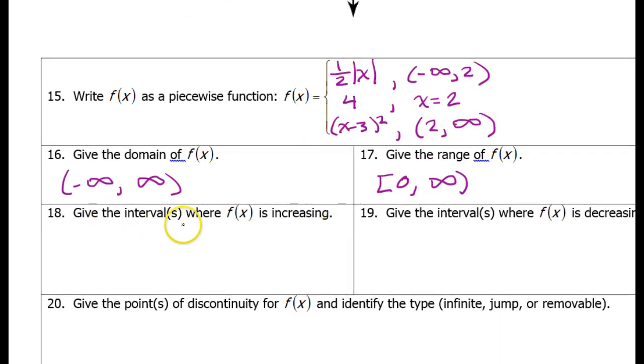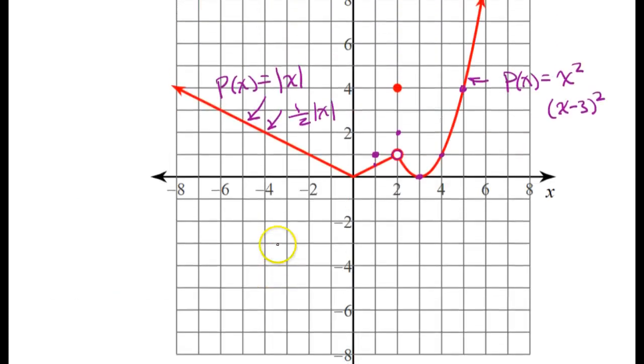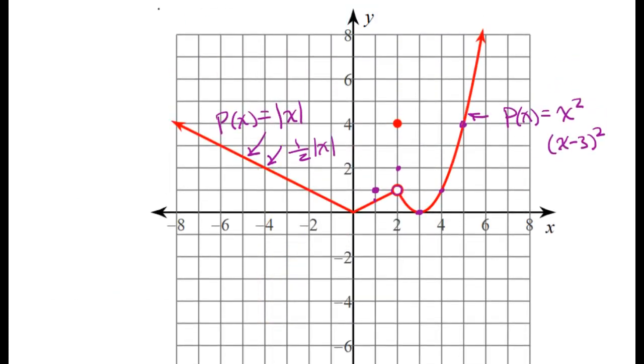Now let's talk about the intervals of increasing and decreasing. Whenever you talk about increasing and decreasing, you should read the graph from left to right. Alright, so imagine that you're traveling this path from left to right.